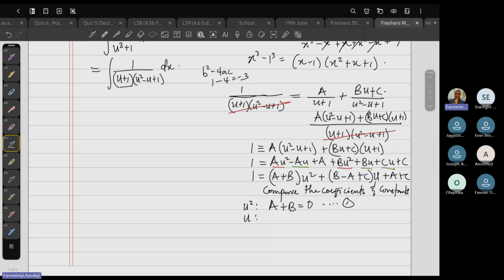Comparing the coefficient of u, we have B minus A plus C is equal to 0, because there is no u on the left, equation 2. But from equation 1, we already know that B is negative A. So this means that negative 2A plus C equals 0. So let's take that as our equation 2.